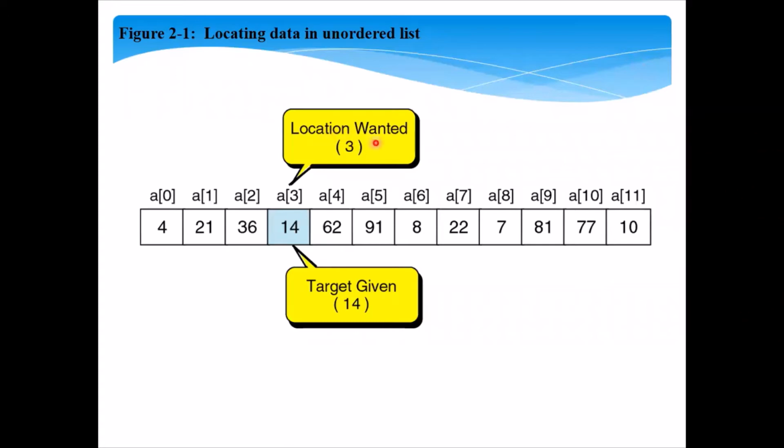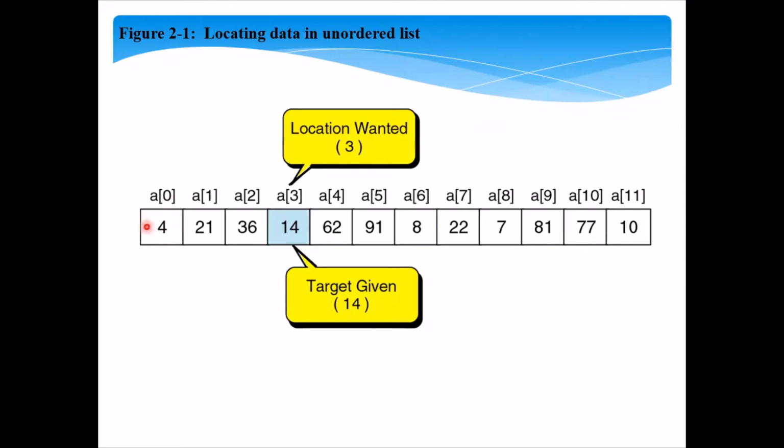Let's say, for example, here is an ordered list in sequential searching. If we want to search for 14, we look for it from the beginning of the array. The first position of the array is the first element, which is 4. Then we have an algorithm that compares the value of the first element to our target value.